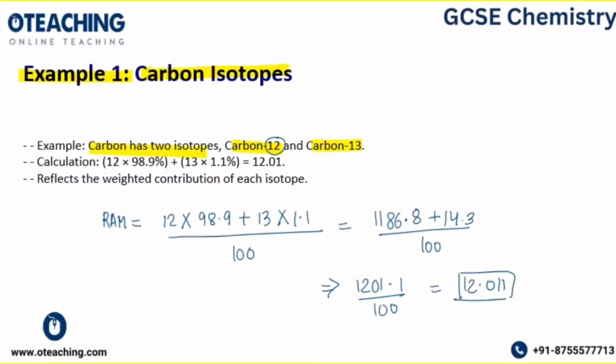So this is how we can calculate the relative atomic mass of different elements. It reflects the weighted contribution of each isotope. Here we have taken into consideration each isotope, its mass and its percentage as well. Right?